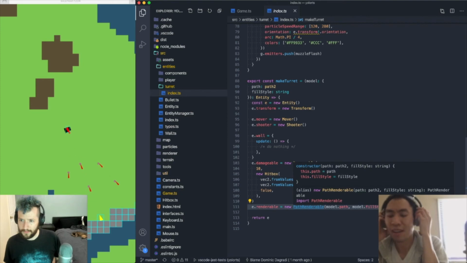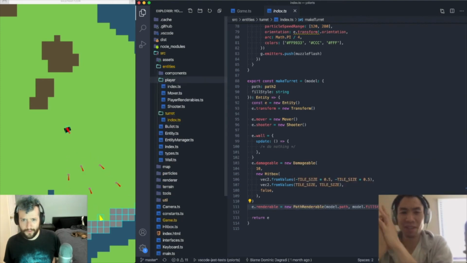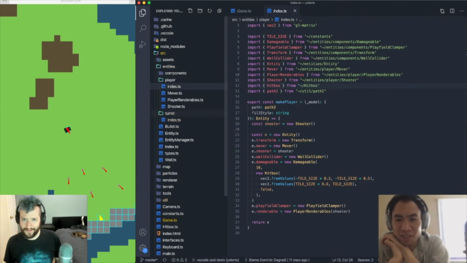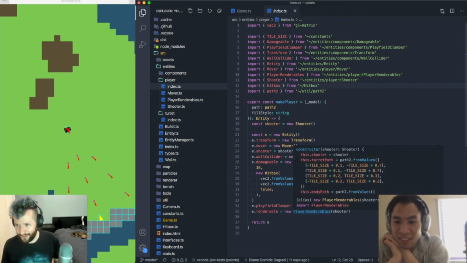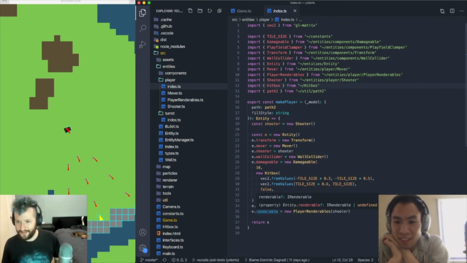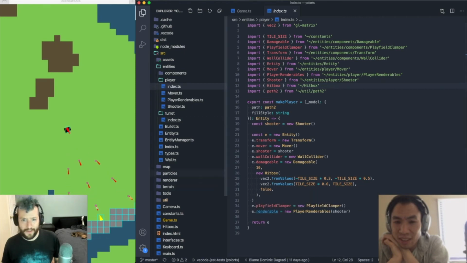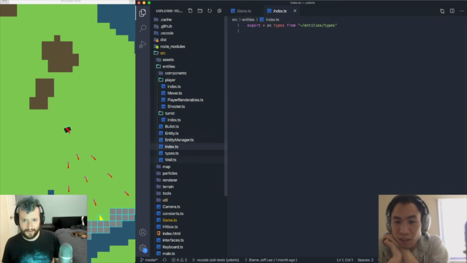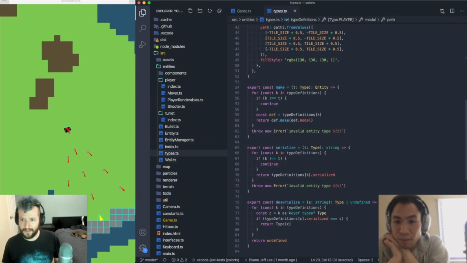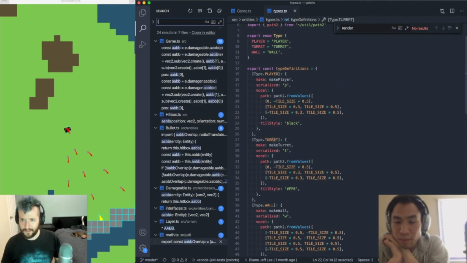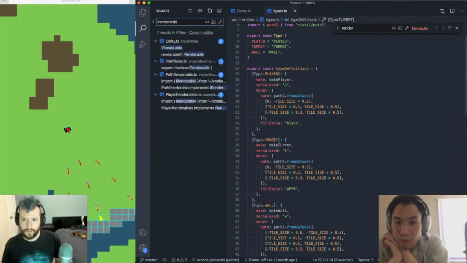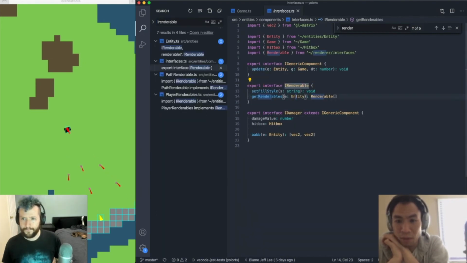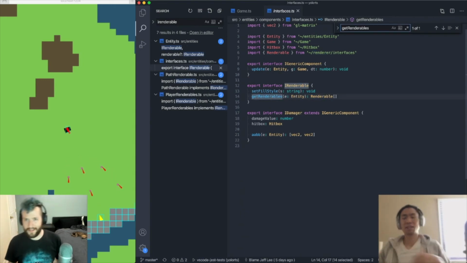Oh, I thought we made something. What does the player do? Oh, the player returns renderables. I think this is part of iRenderable is what we're looking for. And that should be able to return multiple things, right? Yeah, that's great, as long as it has get renderables.